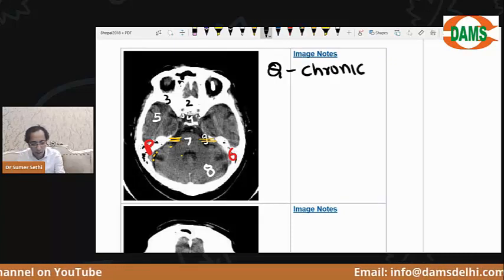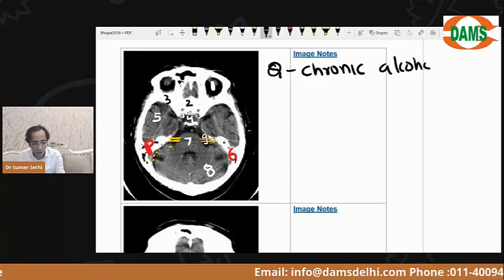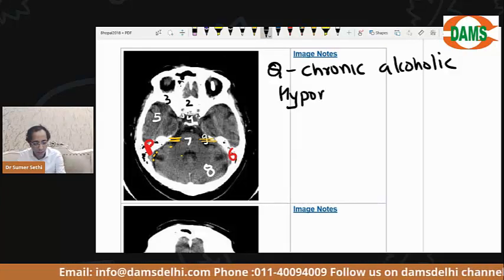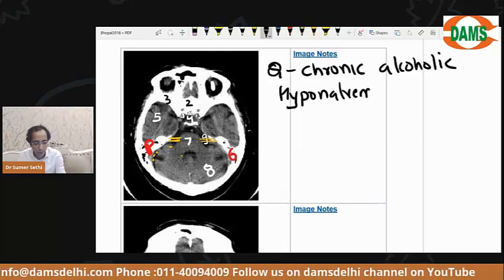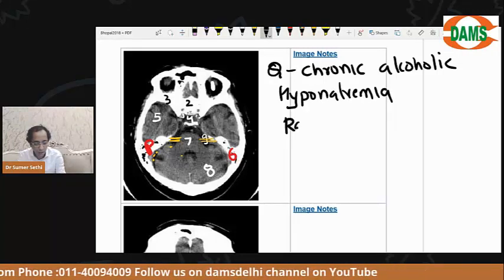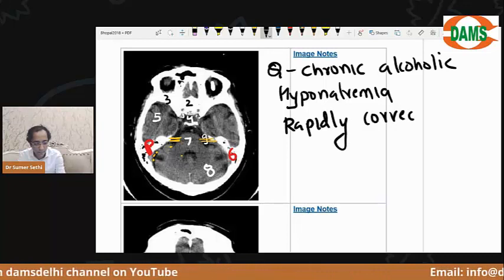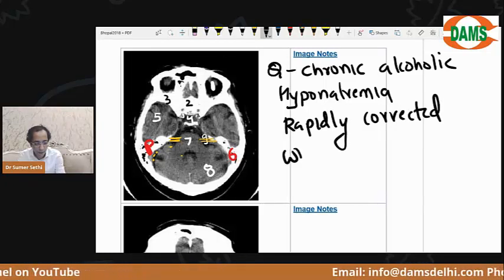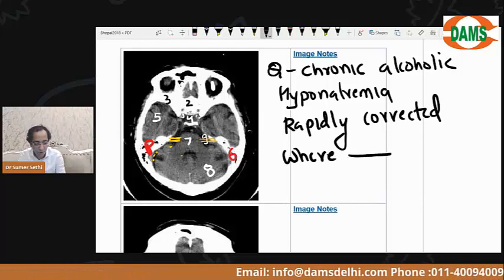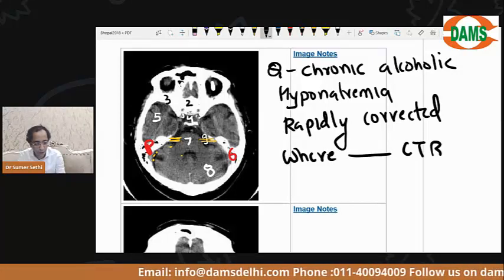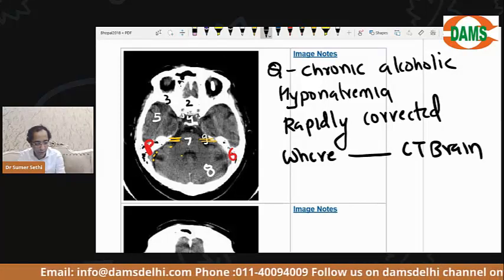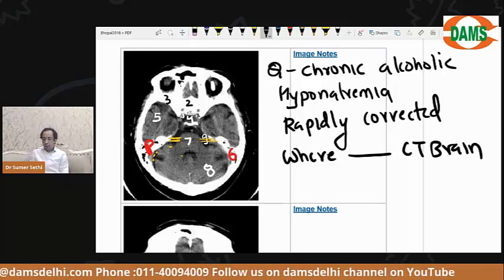A chronic alcoholic had hyponatremia, which was rapidly corrected. Where will you look for the abnormality on his CT brain? Let me ask you the question again.